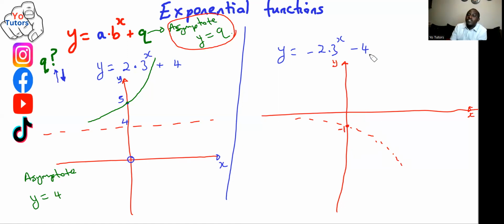Then if we shift it 4 units down, we know that our new asymptote is -4. So we have something like this. That's our -4 there, and now it's going to touch at -5. So at -5, we'll expect a graph like this.